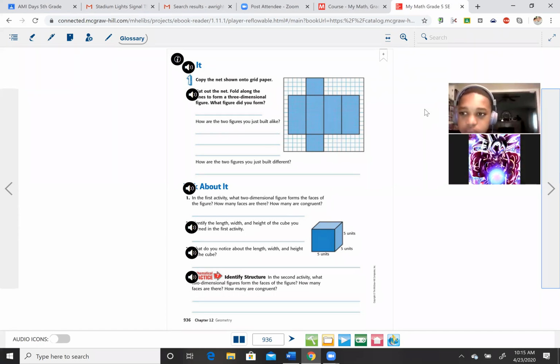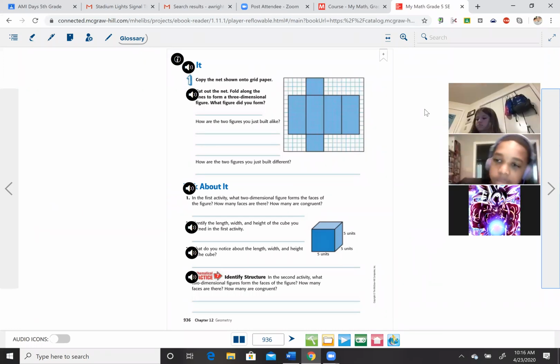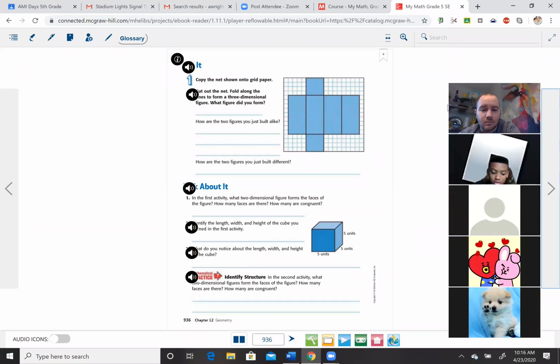Question. What does it mean by faces? By faces, like the faces of the shape. Which question are you on? When it's asking about the faces.